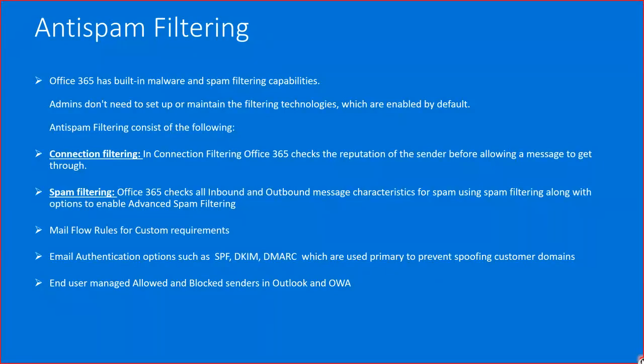DKIM is basically an option where a sender can stamp the message with a signature, which proves the sender of the message. That's what DKIM does. And DMARC is a technology where the sender is telling the recipient what action to take on a message which fails the SPF or DKIM.